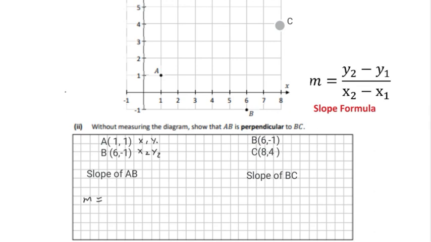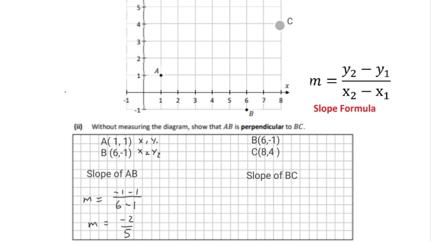So we have y2 minus y1, which is minus 1 minus 1, over x2 minus x1. We can see here x2 is 6, minus 1. So it's equal to a slope of minus 2 over plus 5. Now let's see, is the slope of BC the inverse or the perpendicular to the slope of AB?